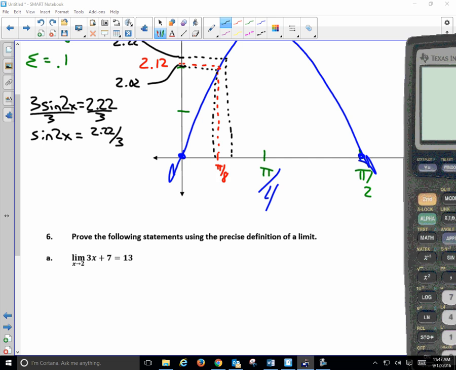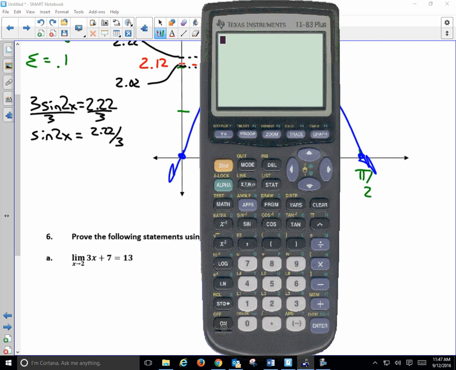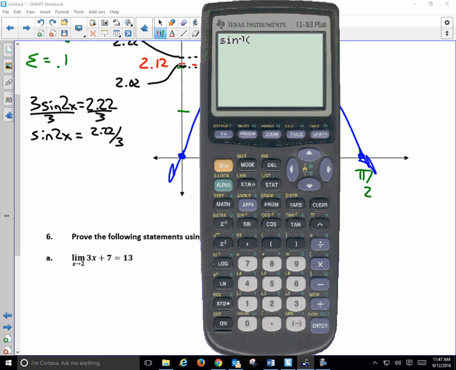So on your calculator, we've got mode, I'm working in radians, so I have the sine inverse of 2.22 divided by 3. I got 0.833. So 2x is equal to 0.833. Divide that by 2. We have 0.417.